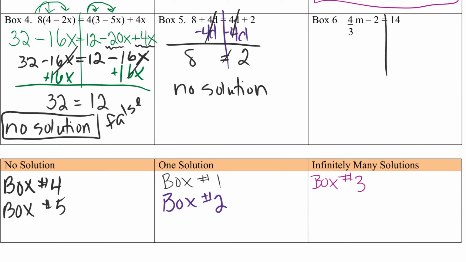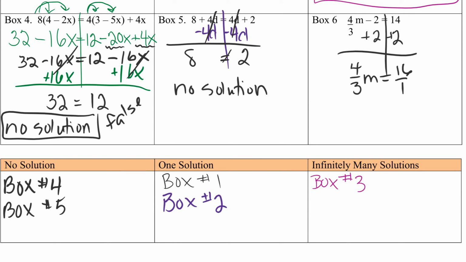I'm going to draw a line down. I'm trying to get the 4/3 m by itself, so I'm going to add 2 to both sides. 4/3 m is equal to 14 plus 2 is 16. Okay, so we're going to say 4/3 m equals 16, put that over 1.